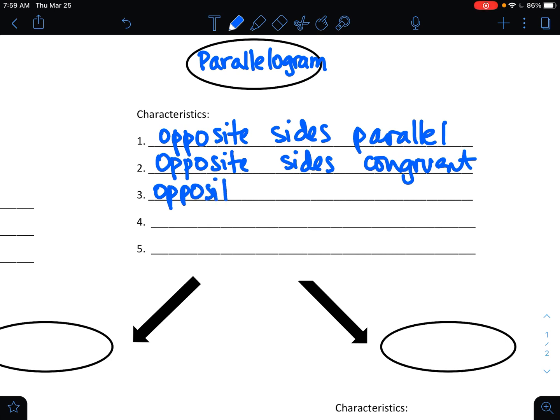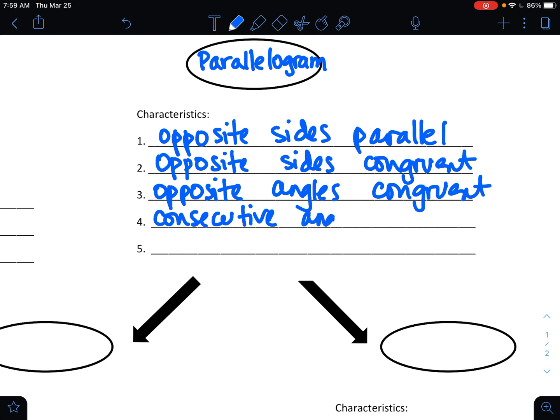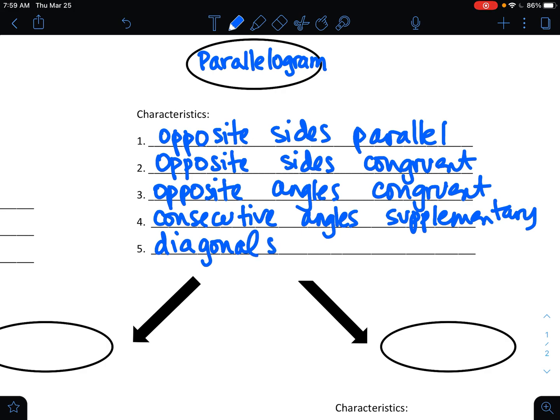We have opposite angles are congruent. Consecutive angles, and I'm just obviously cutting out some words, are supplementary. And diagonals are the last one. Diagonals bisect each other.